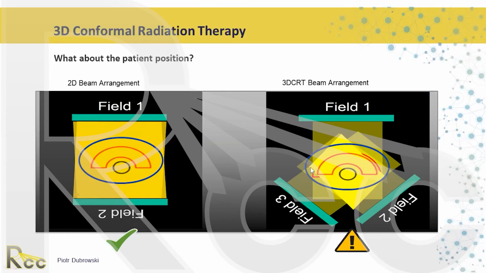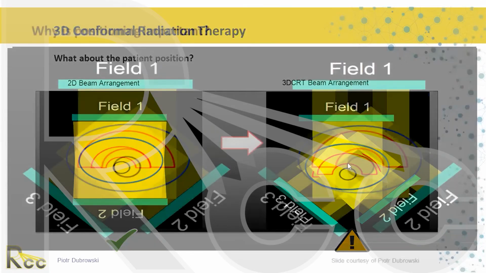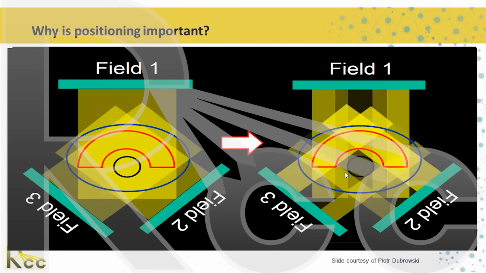So with 2D treatment, it's not as critical if the patient's rotated or anything. 3D becomes more critical. But then as you go to IMRT, it's the most critical. A rotation or any kind of differentiation in the patient setup can change the beam entirely, and your treatment area may not get the dose it needs, and a critical structure can get more dose depending on how the patient is positioned.